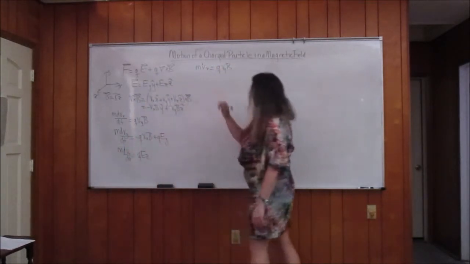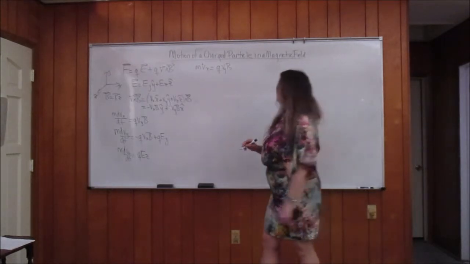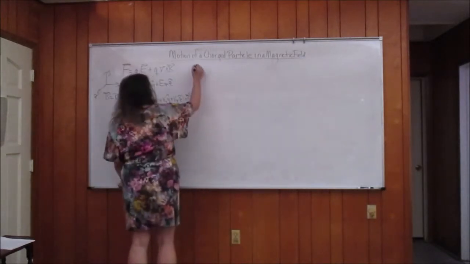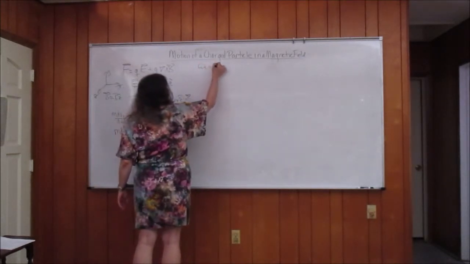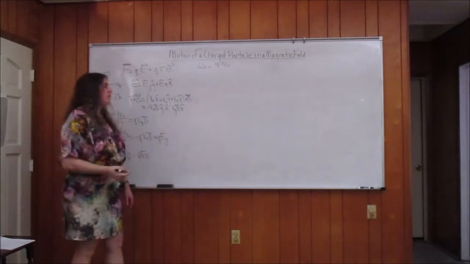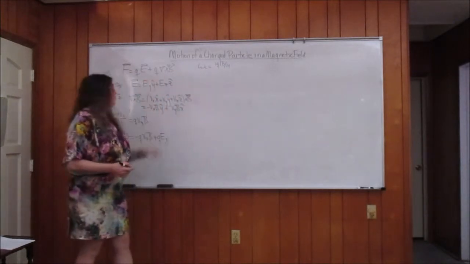And once again, I'm going to make the substitution that omega c is equal to |q|B over m. And remember, we take the absolute value of q because we've defined the cyclotron frequency to be a positive number.